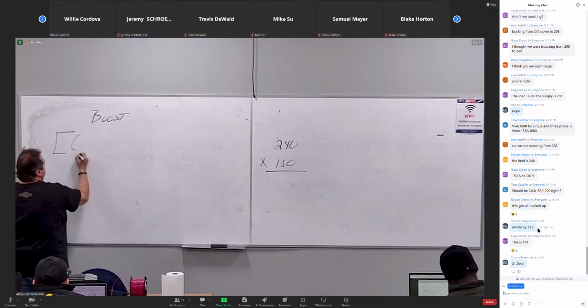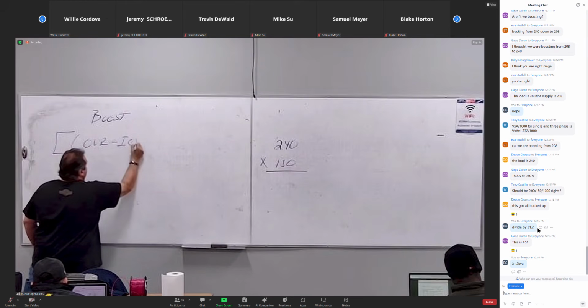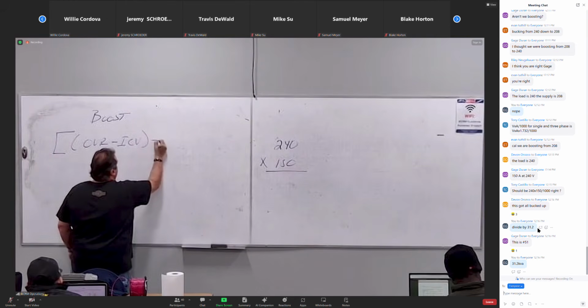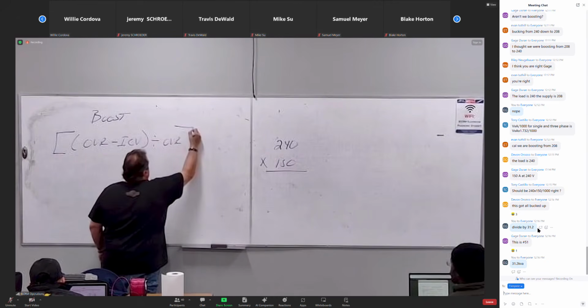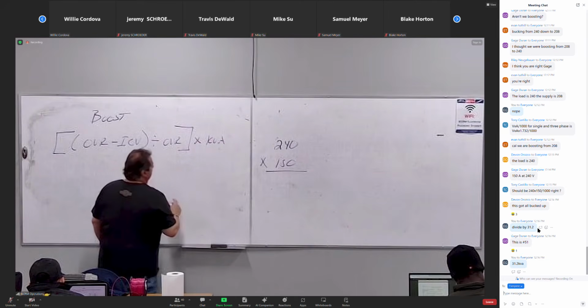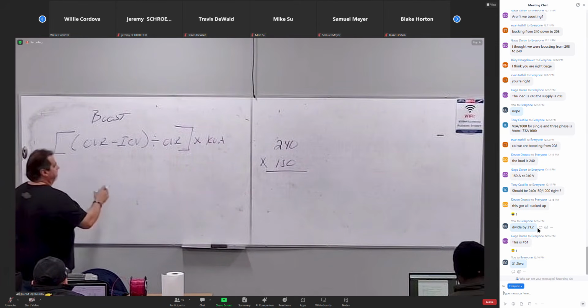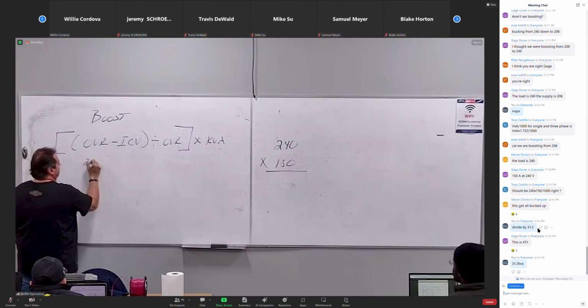Okay? Output voltage minus input voltage, divided by output voltage, times the KVA of the load. So I need to solve a couple of things. First of all, my output voltage required is what? 240.